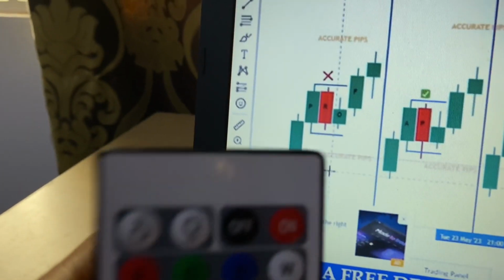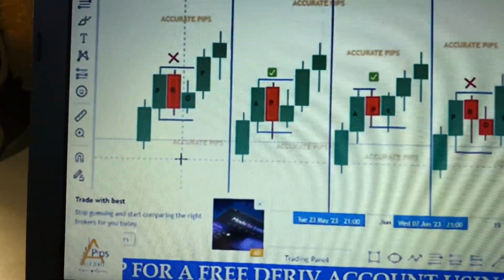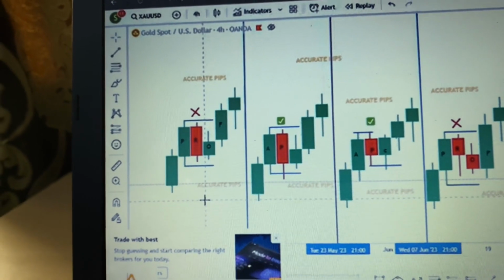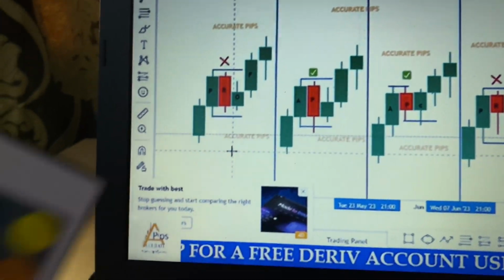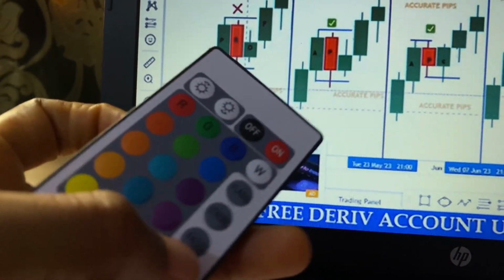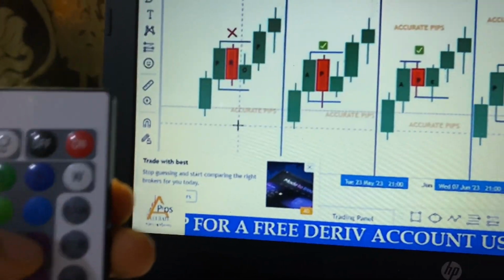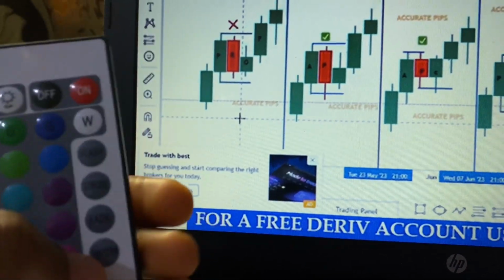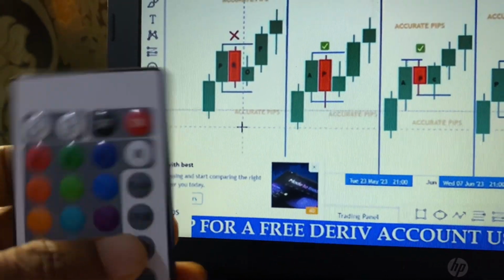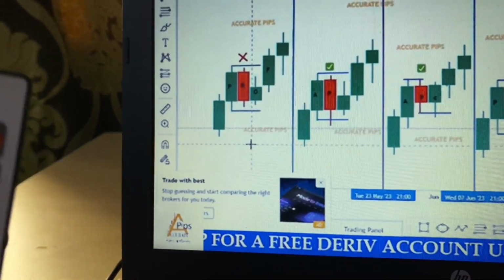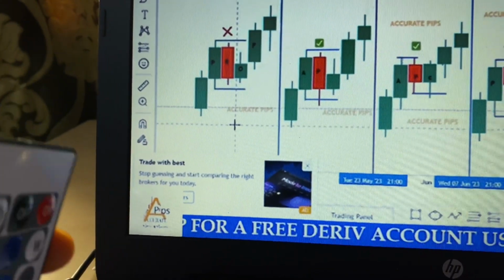So for a valid pullback to be formed, guys, take notes, right? For a valid pullback to be formed, price has to take out liquidity. That is it. For instance, if you are having a bullish trend, an uptrend, and you are expecting to see a valid pullback, price has to take out sell side liquidity.